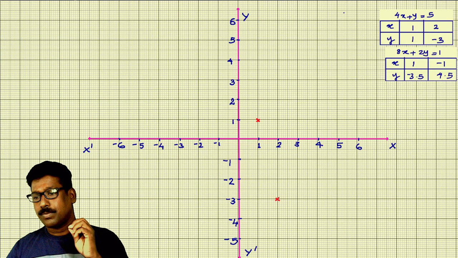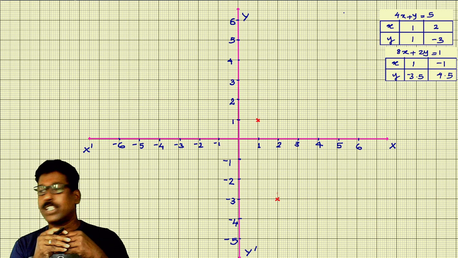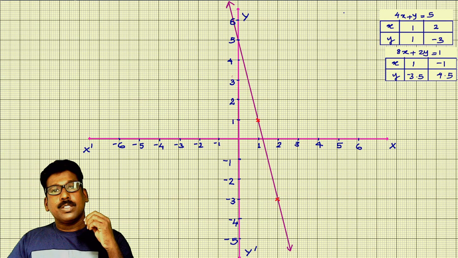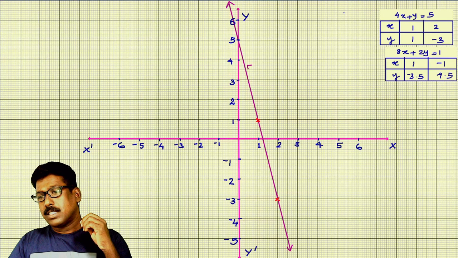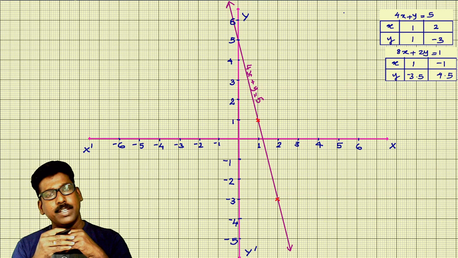So, join these 2 points, you will get the graph of 4x plus y is equal to 5. So this is the graph of 4x plus y is equal to 5. Write the equation of the graph there.